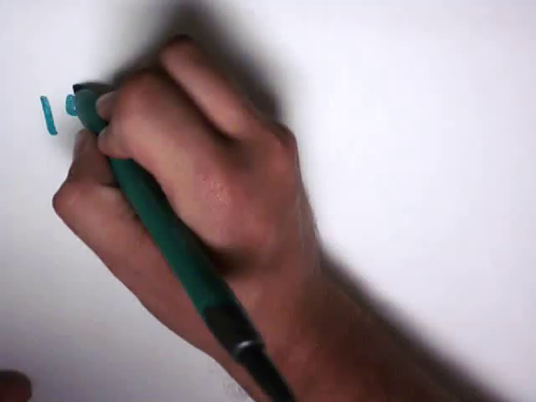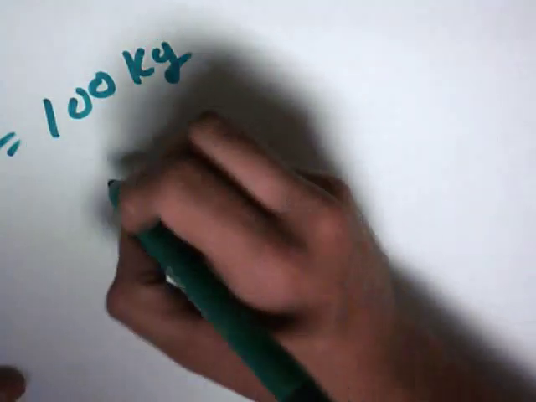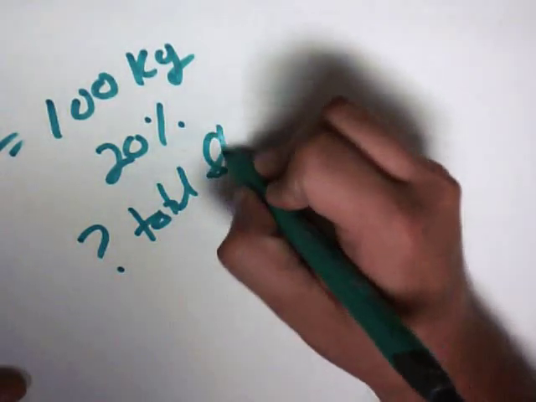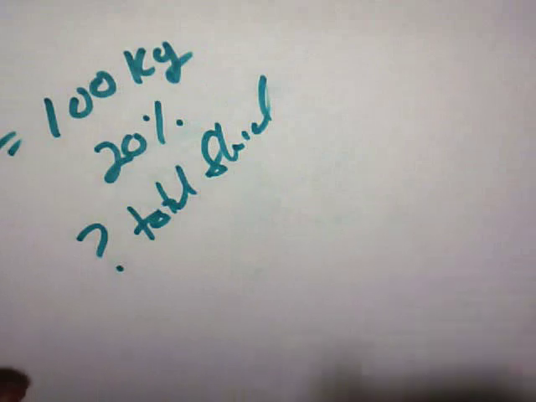Let's just do a question. Let's say you had a 100 kilogram patient. Okay? Man, that light's tricky. I'm going to have to do something different. There we go. Let's say you had a 100 kilogram patient who was burned over 20% of his body. Okay? How much total fluid? Alright?